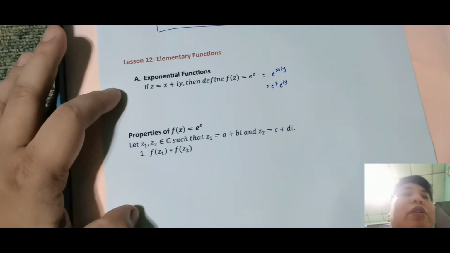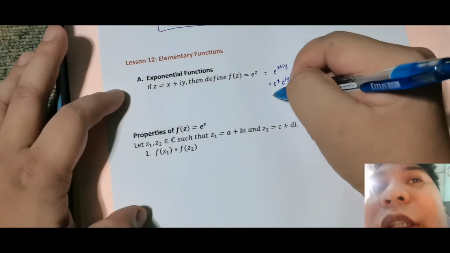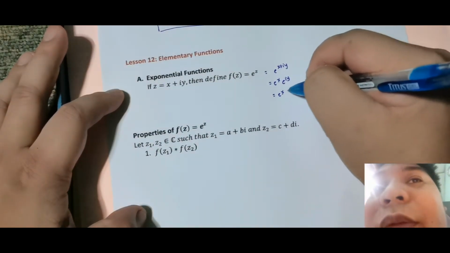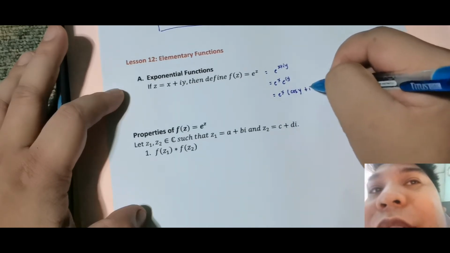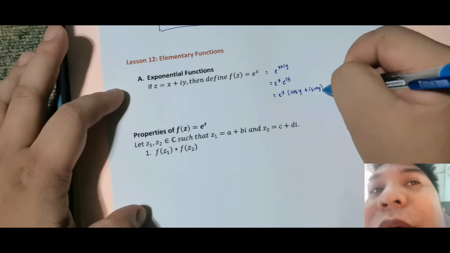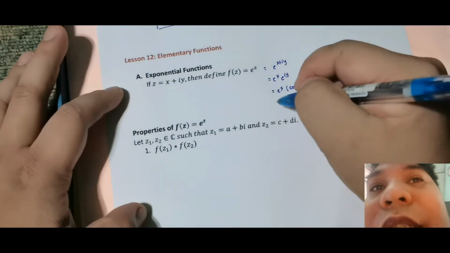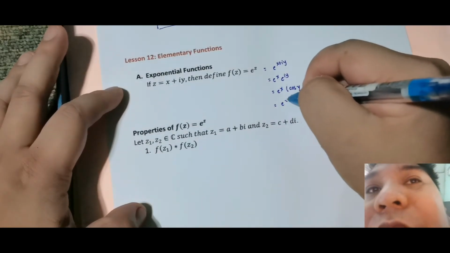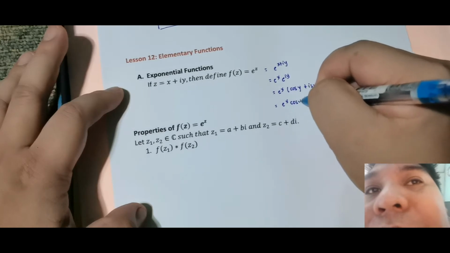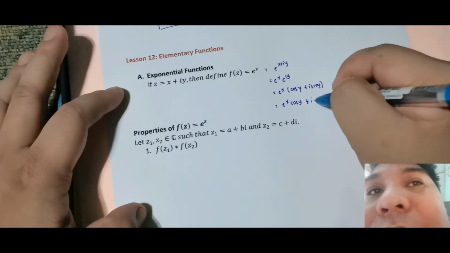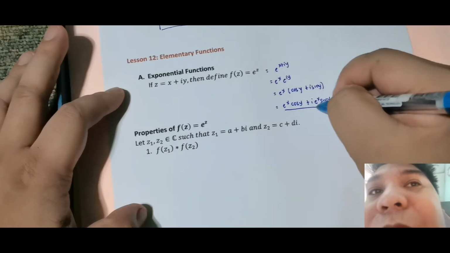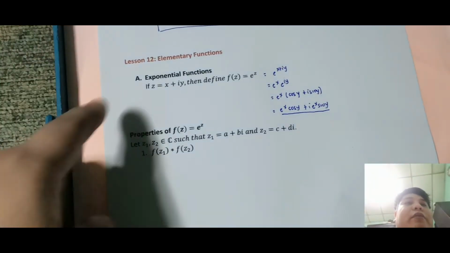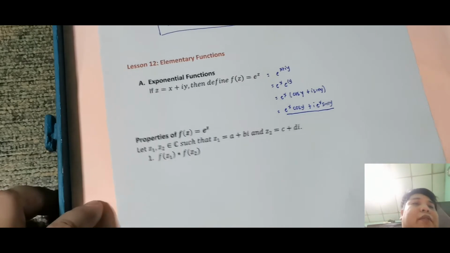Then by Euler's formula, this is equal sa e raised to x cosine y plus i sin y. Then this is equal sa e raised to x cosine y plus i e raised to x sin y. So ito yung transformation niya in terms ng ating x plus iy.